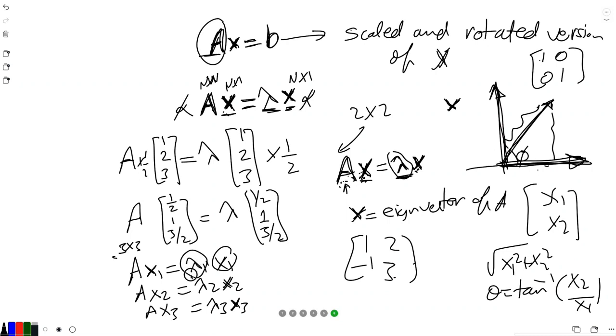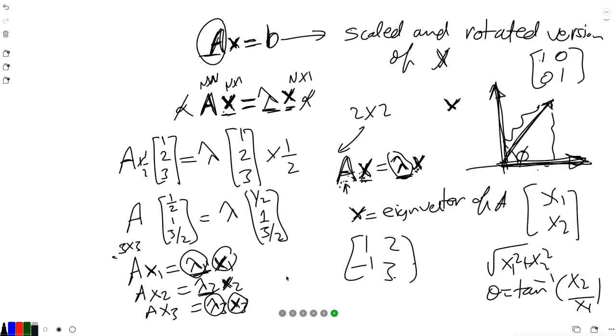We say lambda 1 is the eigenvalue associated with the first eigenvector x1, lambda 2 is associated with the second eigenvector x2, and lambda 3 is associated with the third eigenvector x3.